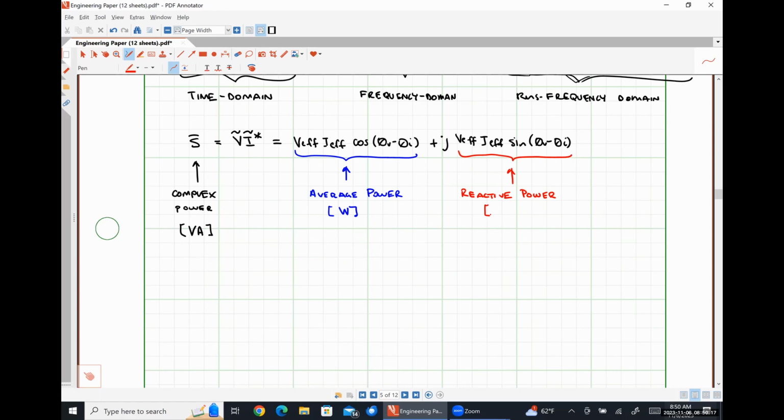The units of reactive power, this is another made-up unit, is volt amperes reactive, or VARs.